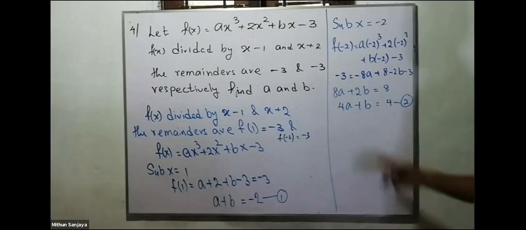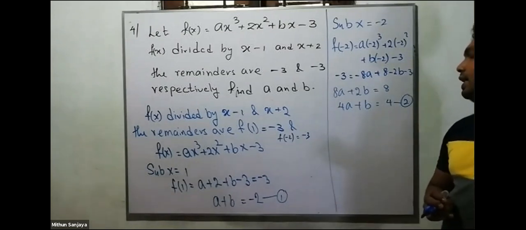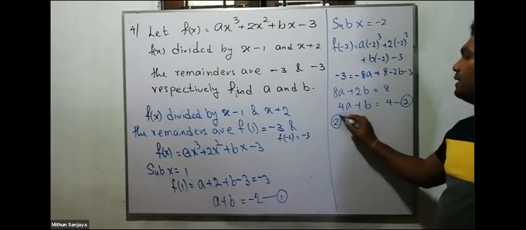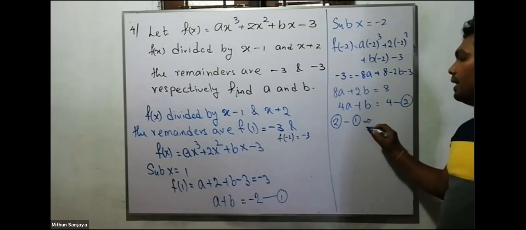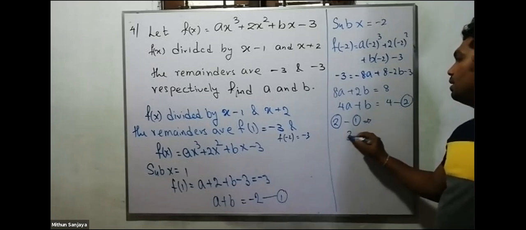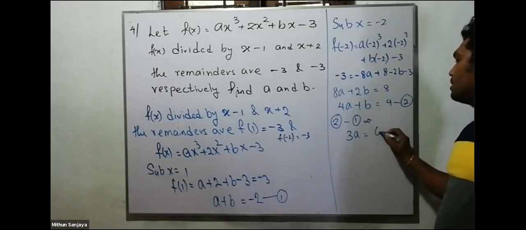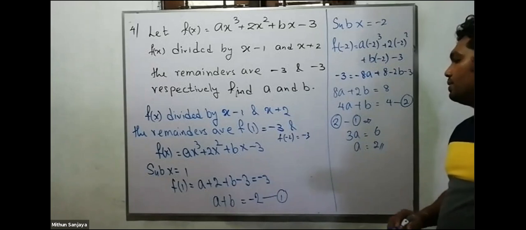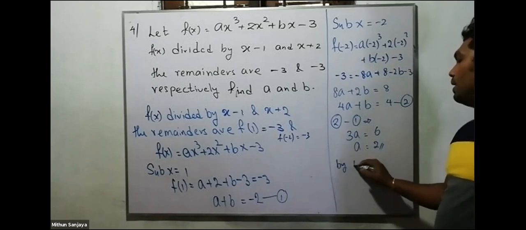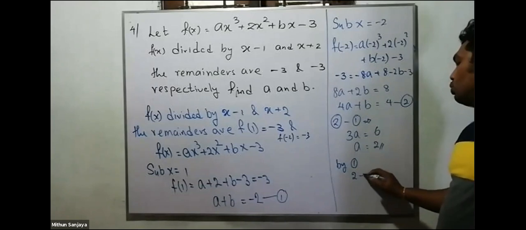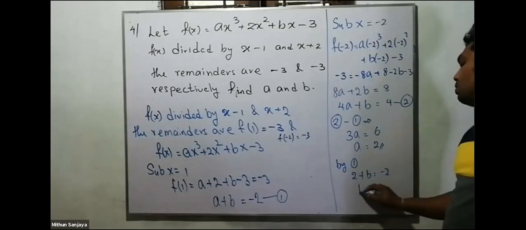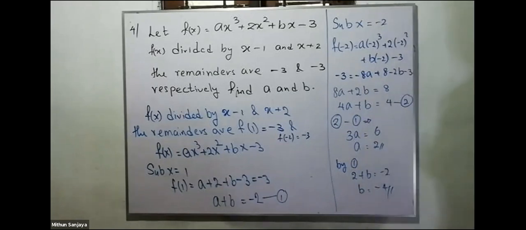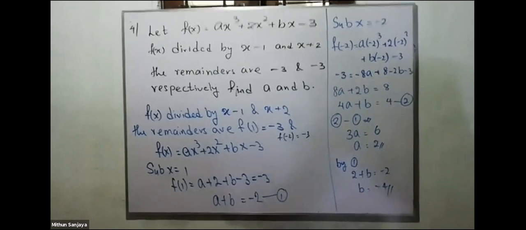Now we need to solve these two simultaneously, right? Need to get a and b. So we take the second minus the first, b cancels, 3a equal 6, a equal 2. We can substitute: 2 plus b equal minus 2, b equal minus 4. Okay, got that?